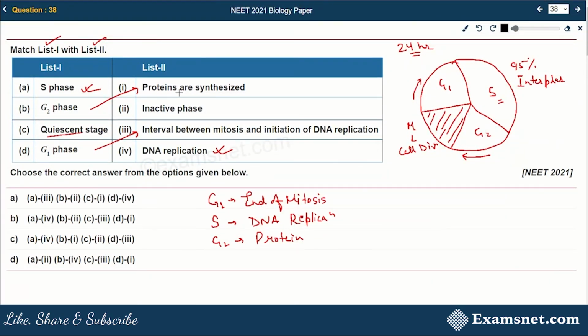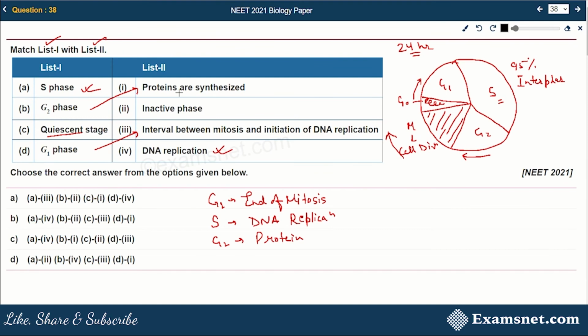Now the only one thing is left, quiescent stage. What is quiescent stage? See, sometimes cells do not divide. For example, our heart cells do not divide, and there are some other cells which divide only during an important event, for example during injury. So these cells undergo this cell division or meiosis. After this, they immediately enter into a state of inactivity. This is known as G0 phase.